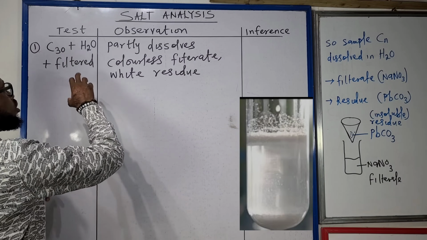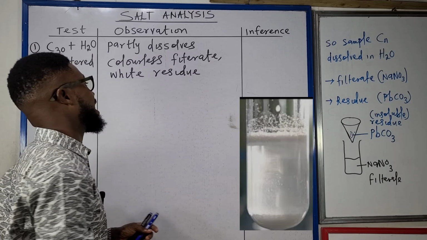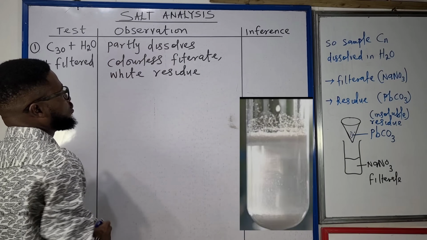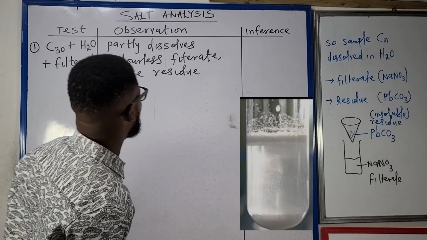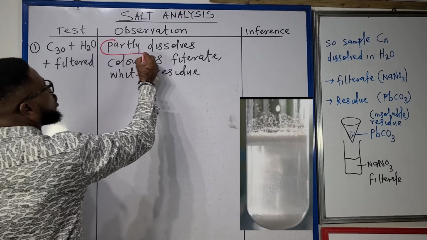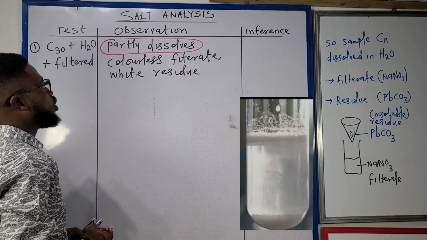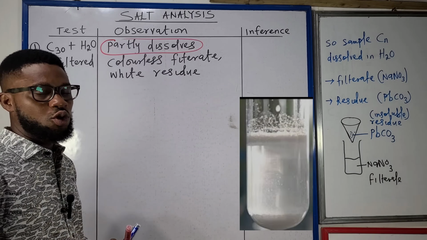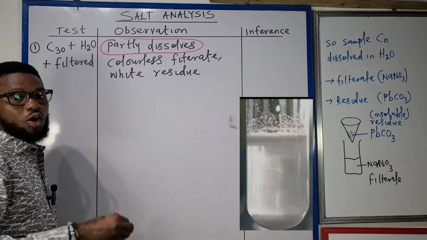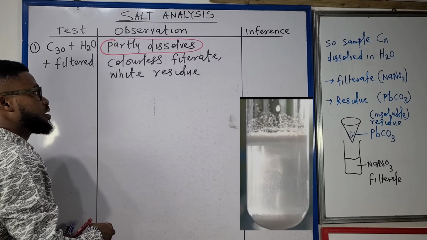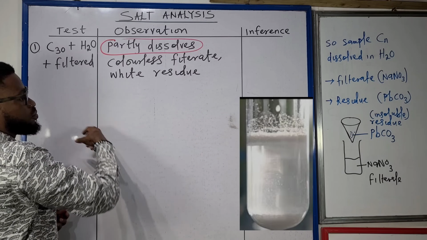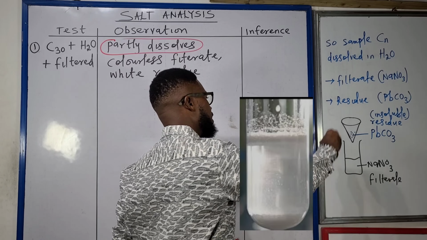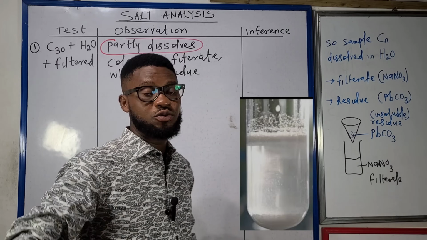So how you are going to record your observation is this, that the CN in question here partly dissolves, which means it does not dissolve completely, partly dissolves. And then when something partly dissolves, you have to tell us the color of what is dissolved, that's what forms the filtrate, and you have to tell us the color of the residue that will remain on the filter paper.